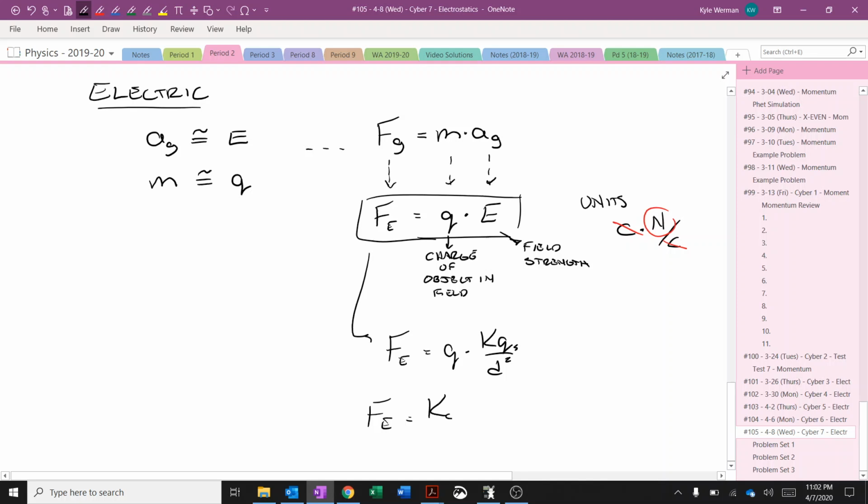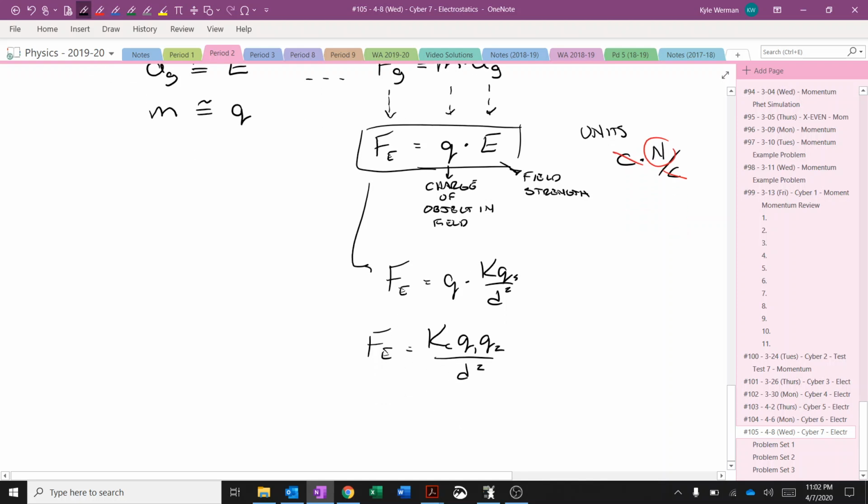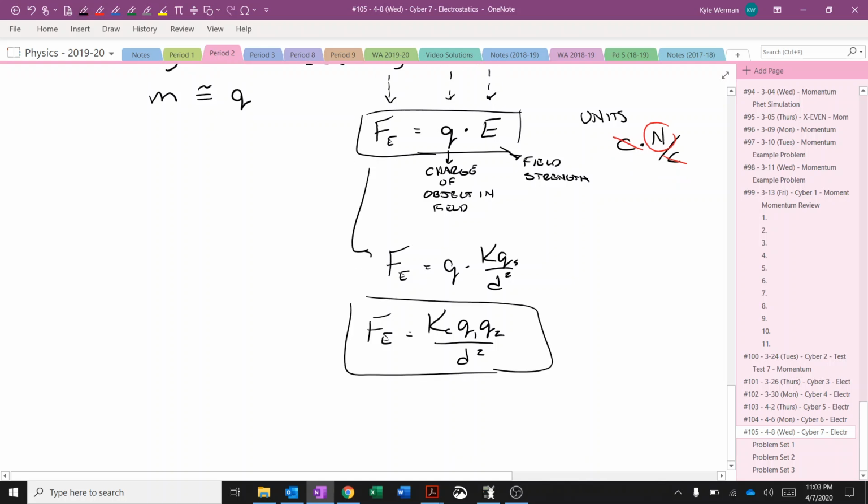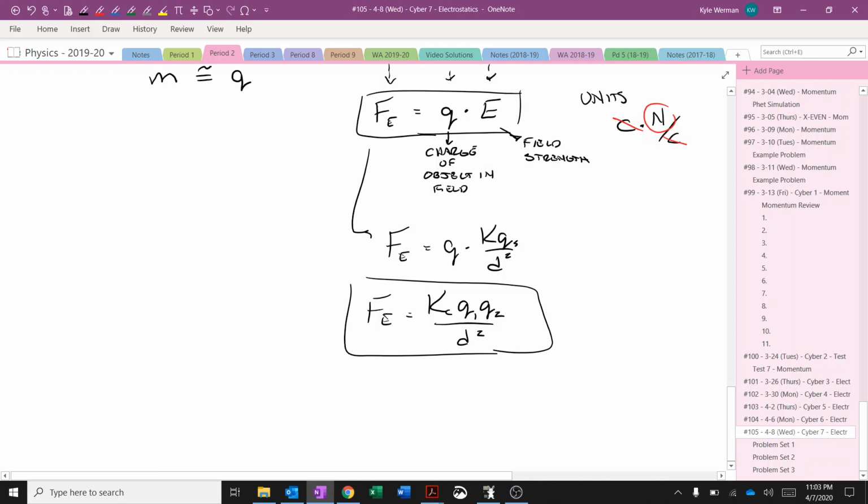F equals k, Coulomb's constant, times the charge of one object, times the charge of the other object, over the distance squared. And with the gravitational one, it was Newton's law of universal gravitation. And hopefully you can guess what this one is. Well, this is Coulomb's law.